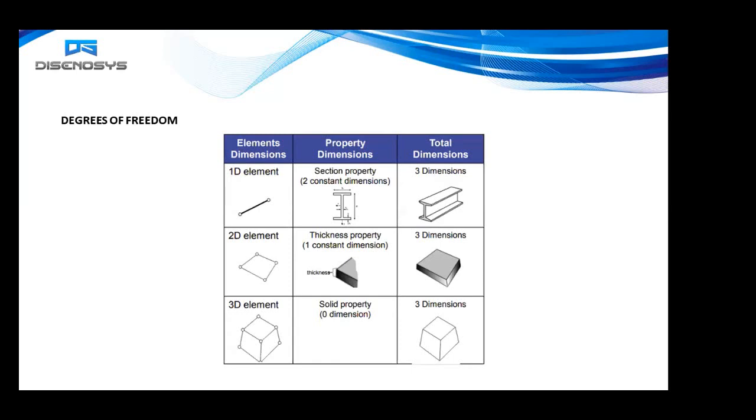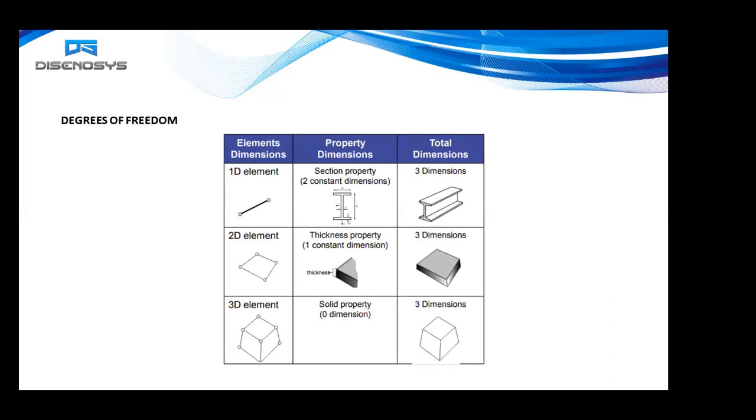You have any questions? No, sir. So what do you mean by 3 degrees of freedom including shape function in case of 3D element? Shape function is nothing but the rotation on x, y, z, that will be taken care of by the nodes itself.